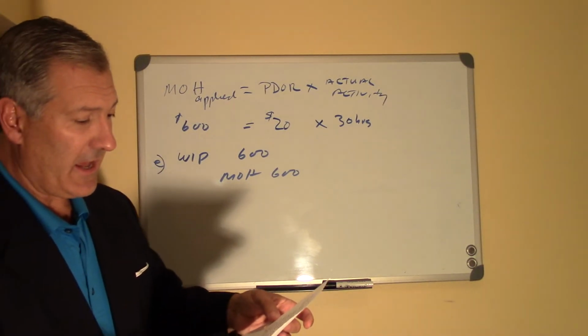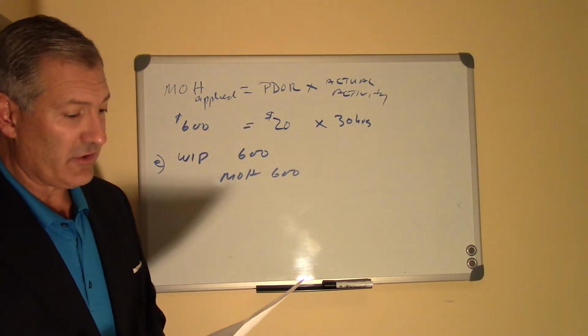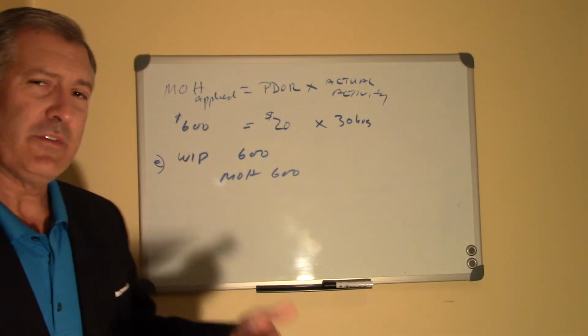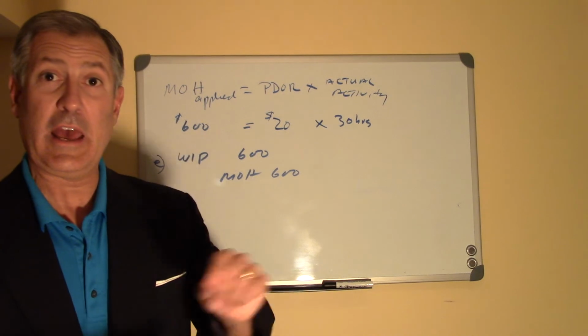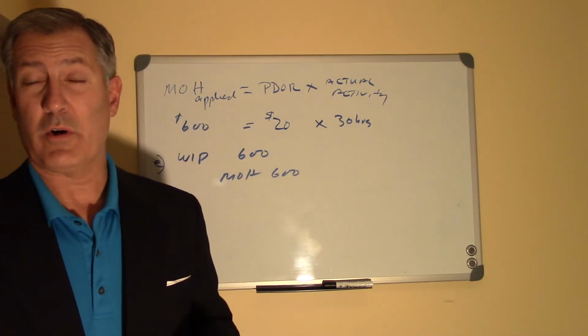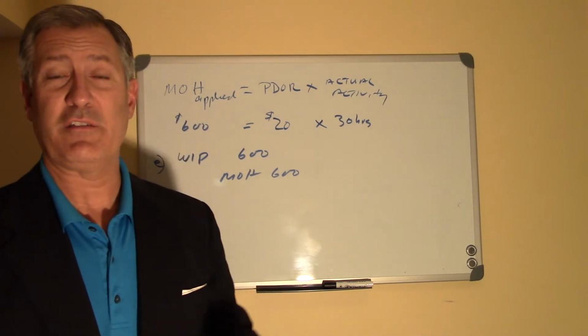Now we're looking at journal entry F, and it says both jobs are completed. So at this point in time, we want to do some posting of journal entries to both our work in process account and our manufacturing overhead account.